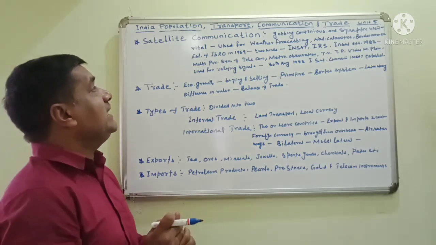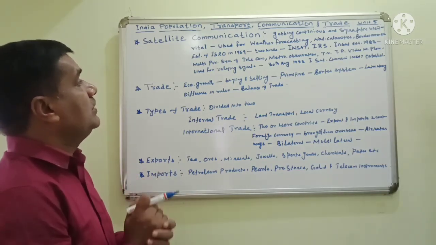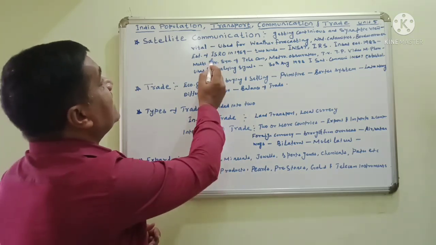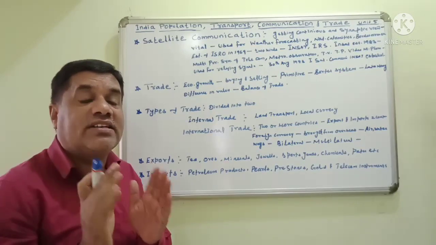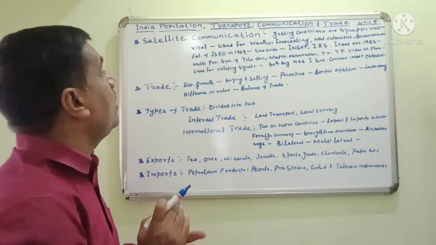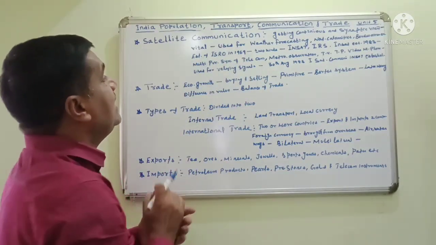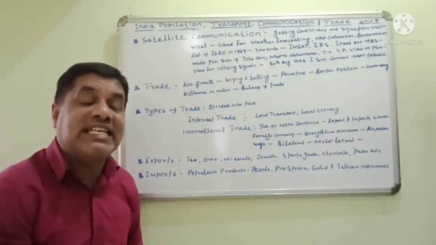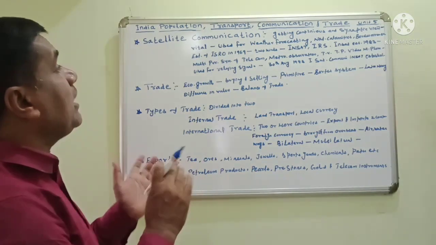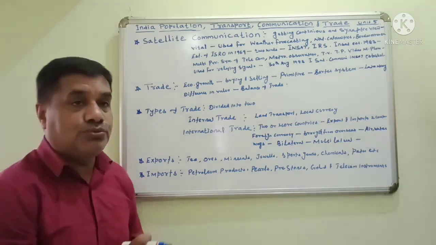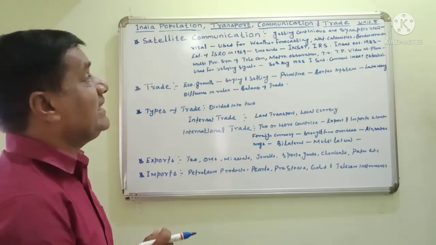Satellite communication was established with ISRO, the Indian Space Research Organization, known as ISRO, in 1969. After ISRO was established, satellite communication was divided into two kinds. One is INSAT.